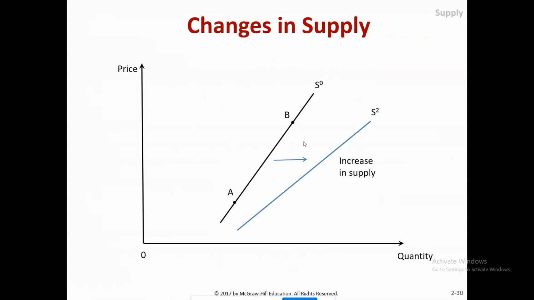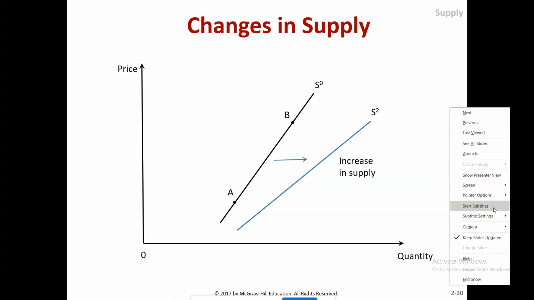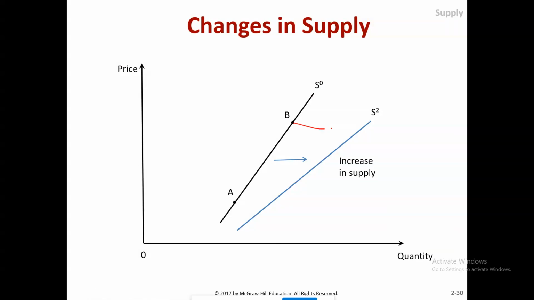If there's a shock that increases supply, then the supply curve shifts to the right-hand side. It means at every single price level, quantity supplied increases.